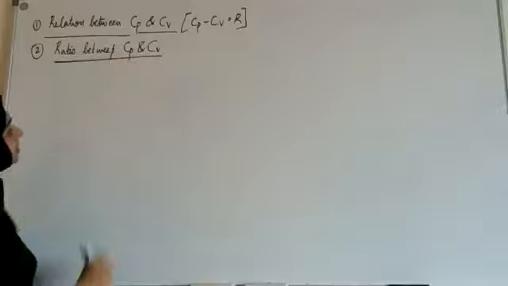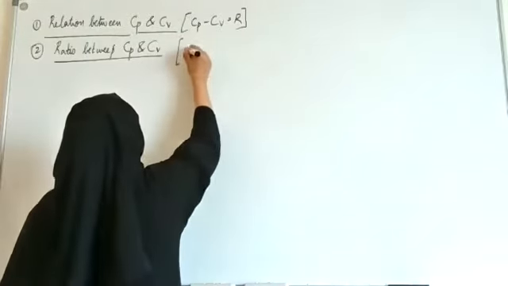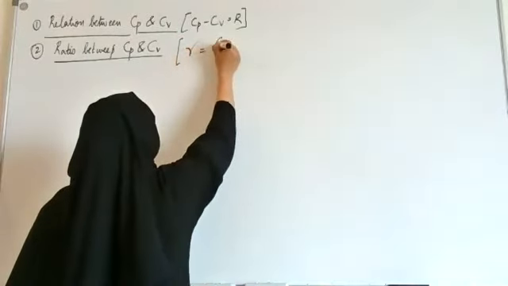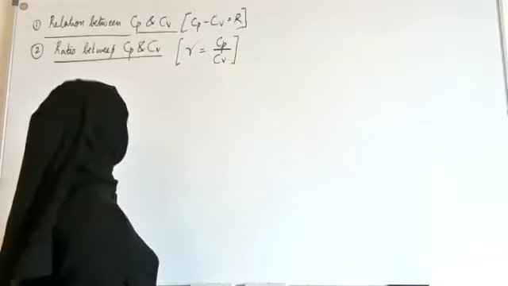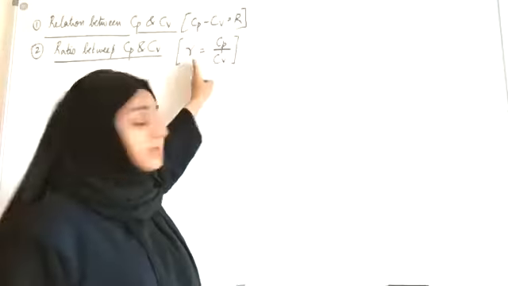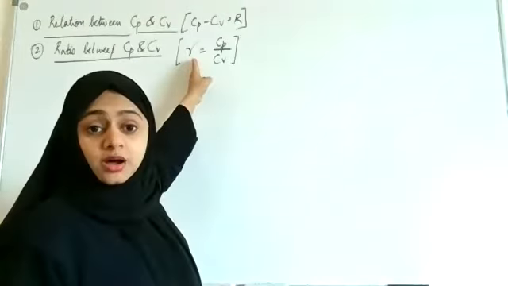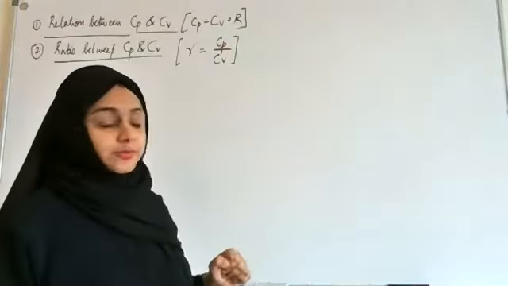Now the ratio between Cp and Cv is expressed by the symbol gamma. Gamma is equal to Cp by Cv. Now let us see what is the significance of this quantity gamma, that is the ratio between Cp and Cv.